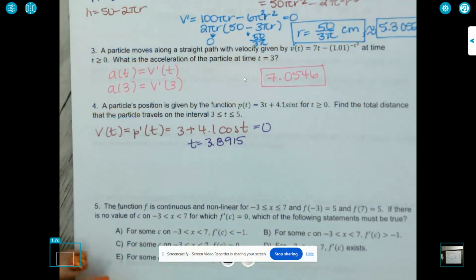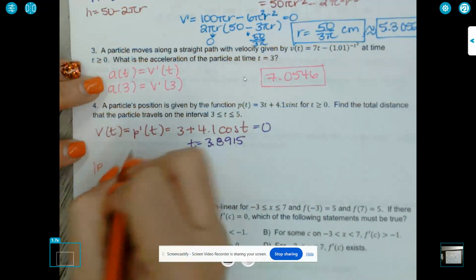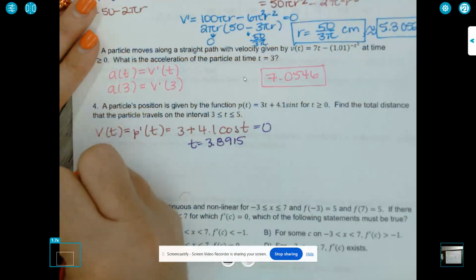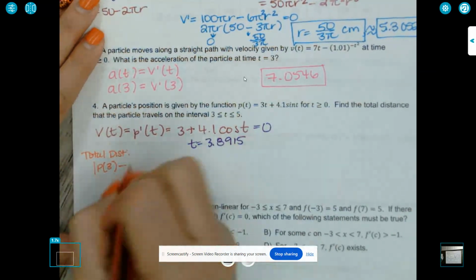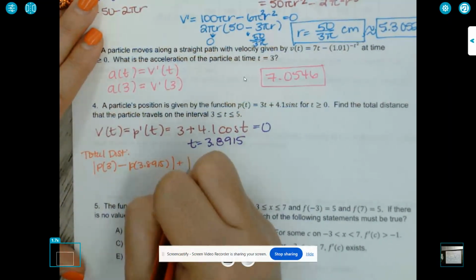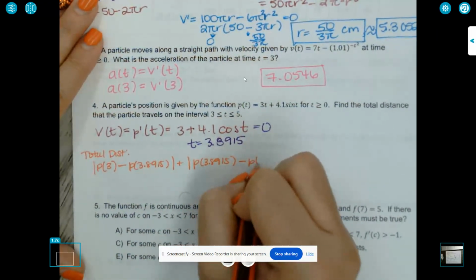So now for our total distance, remember we're going to start at this one. So absolute value of p of 3 minus p of 3.8915, plus p of 3.8915 minus p of 5.